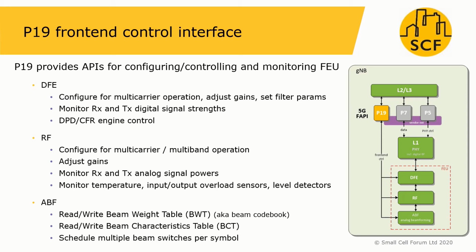This is an optional companion table which stores the physical shape of the beam, which was defined by the beam weight table. The third set of analog beamforming API functions focus on the beam scheduling. Using these functions, the L2 scheduler can request for the analog beamforming block to switch to specific beams at given symbol times within a slot.